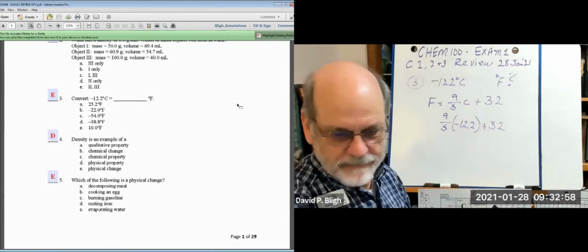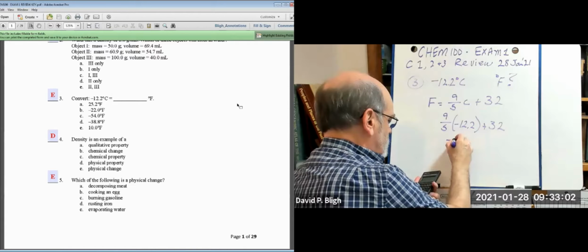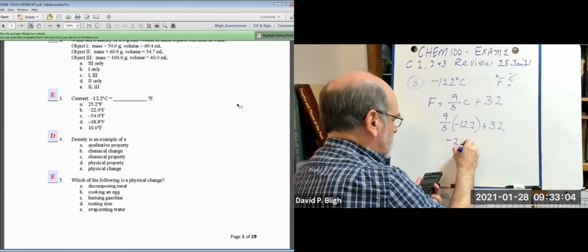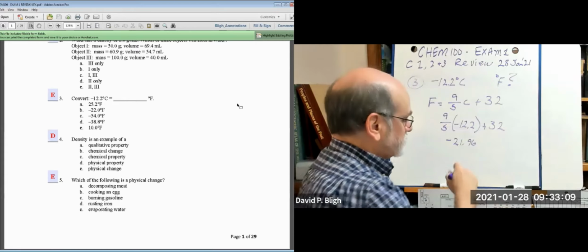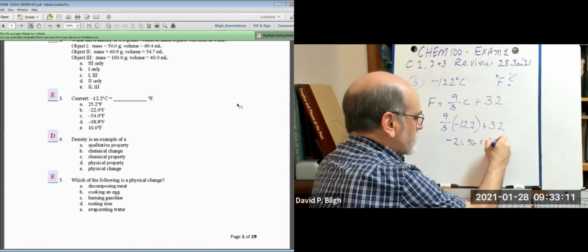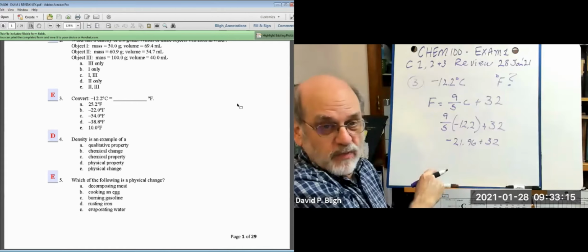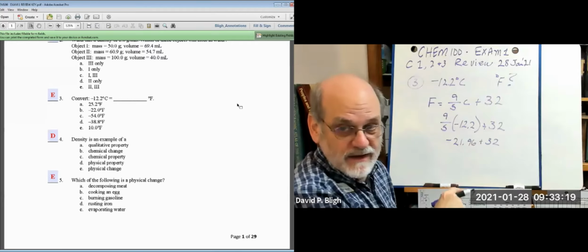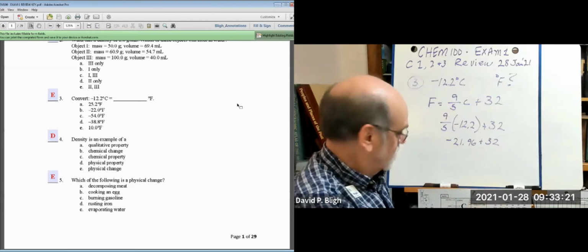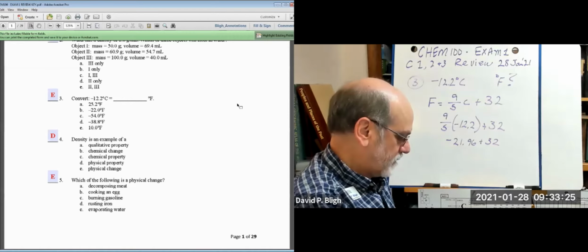And that's minus 21.96 from my calculator, plus 32, right? So you have to be conscious of the sign. That's why this problem was created, because that's a negative sign. And if you're not careful, you could make an error in your calculation.